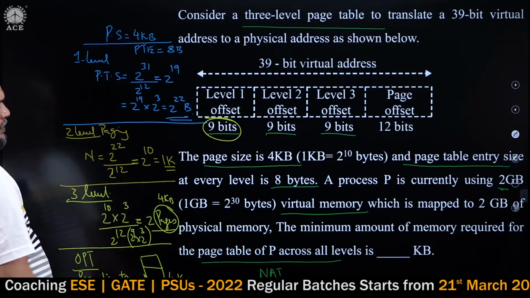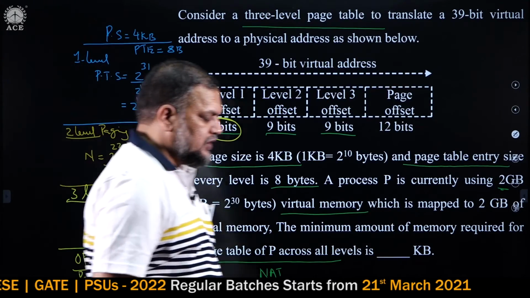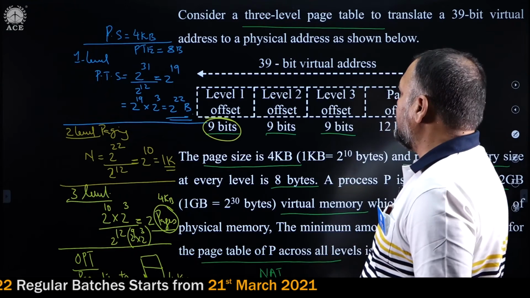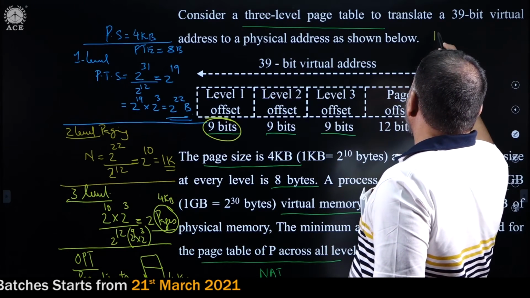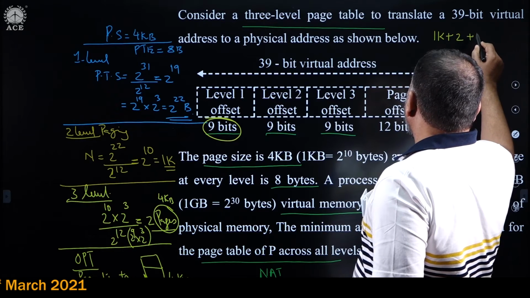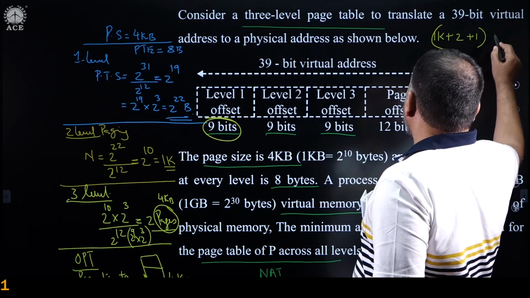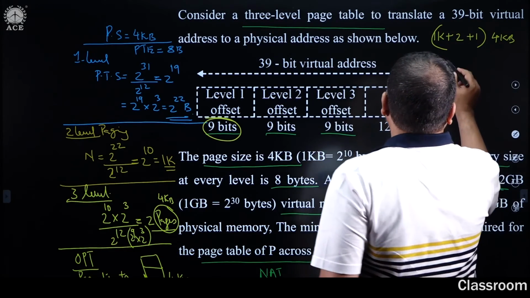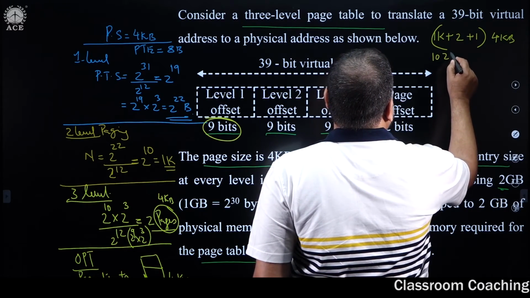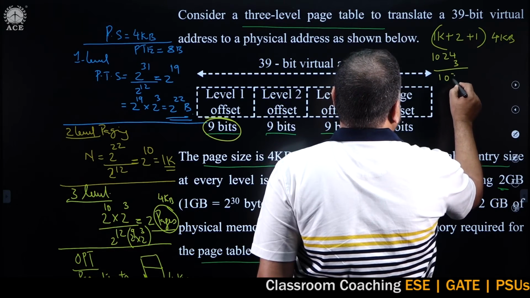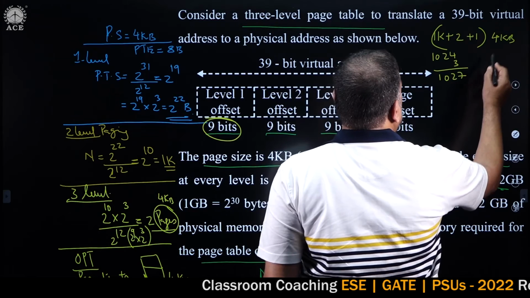So, the number of pages which must be present in main memory for accessing the address space of the process is 1K pages of the first level page table, 2 pages of the second level page table, plus 1 outermost page table, each of size 4 KB. What is this value? 1024 plus 3, 1027, into 4 KB.